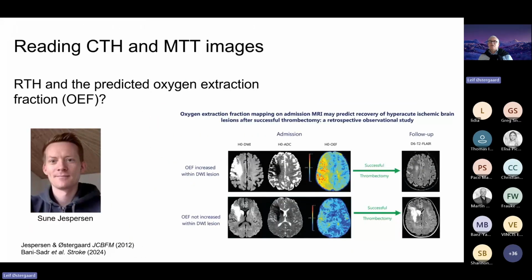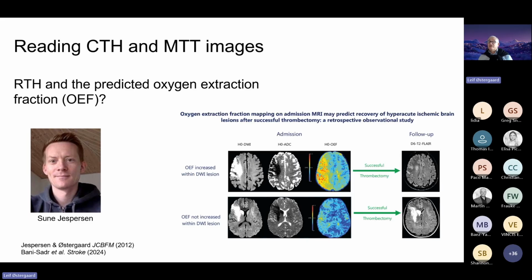Then a small practical note: we're so blessed that people are now starting to conduct this kind of perfusion imaging in acute stroke studies. And here on the right, I show one of these examples where people have looked at acute stroke patients, and then they have used these perfusion MRI images to calculate OEF, as you saw we can do with Sune Jespersen's software.